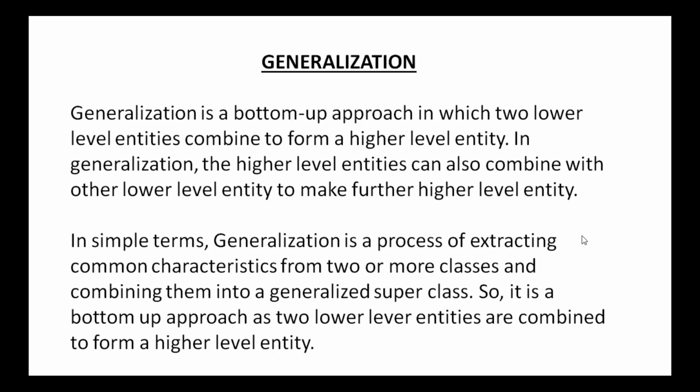So it's a bottom-up approach, as two or more lower level entities are combined to form a higher level entity. In simple terms, generalization is a process of extracting the common characteristics from two or more subclasses and combining them into a generalized superclass.